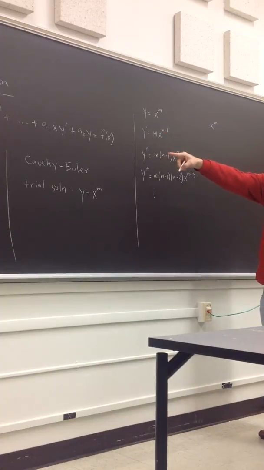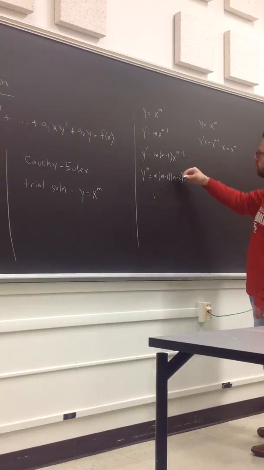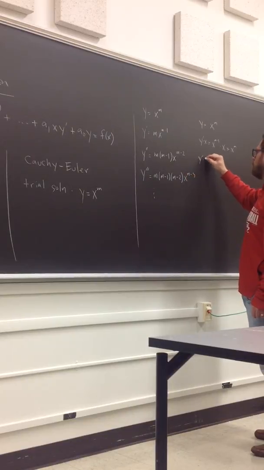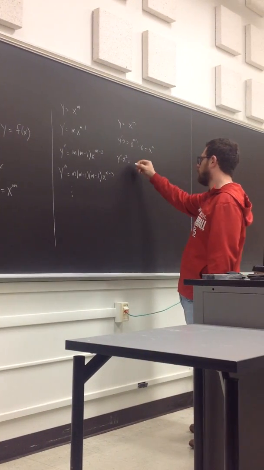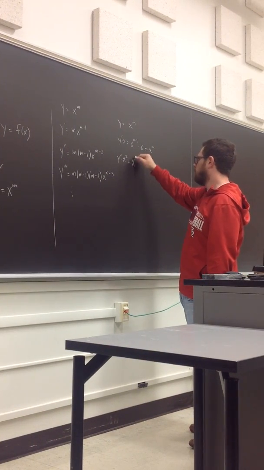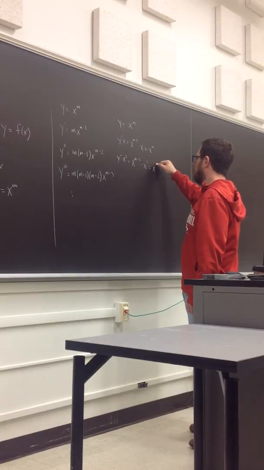Y prime times x is x to the m minus 1 times x, which is x to the m. Okay, so y double prime times x squared. I'm omitting the constant multiple, but I'm just trying to demonstrate what's going on. So this is x to the m minus 2 multiplied by x squared, x to the m.